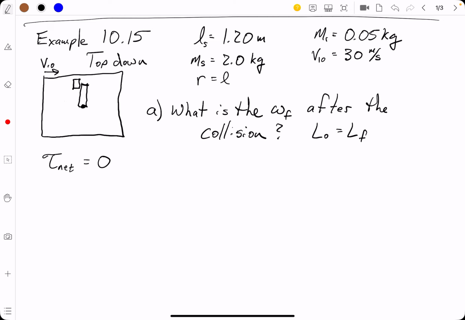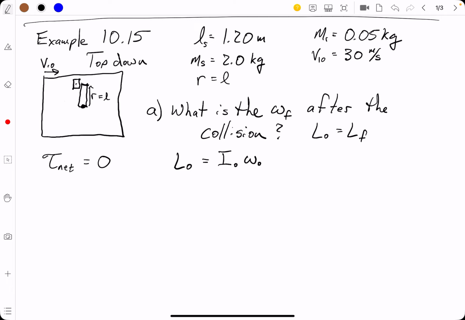It's going to hit the stick in a nanosecond, in just the smallest fraction of time. Right before it hits the stick, we've got our L naught. Just before it hits the stick. This is very important. Why? Because our L naught is equal to I naught times omega naught. So I'll put R equals L on this side.